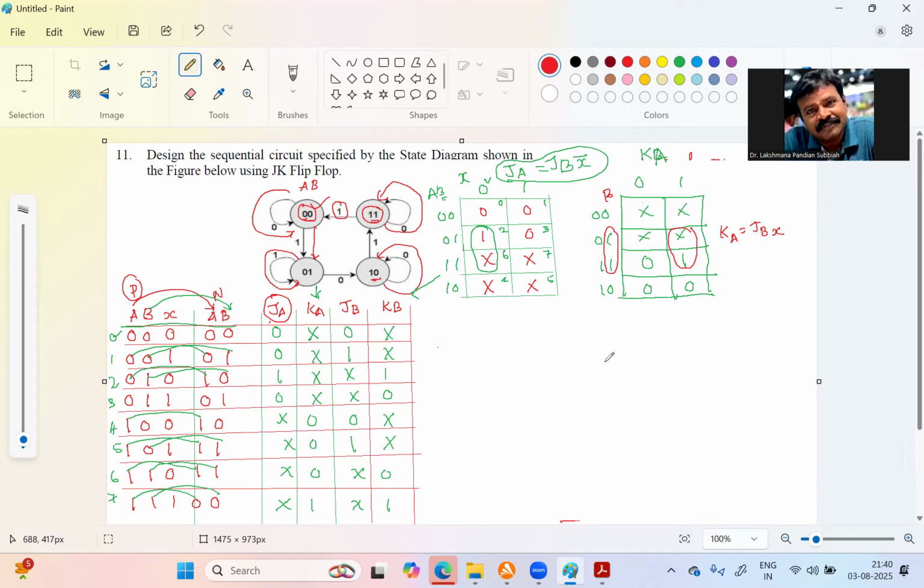Right. Next, we are having now for JB. So for JB, we are going to draw the table. 0, 0, 0, 1, 1, 1, 1, 0, then 0, 1.